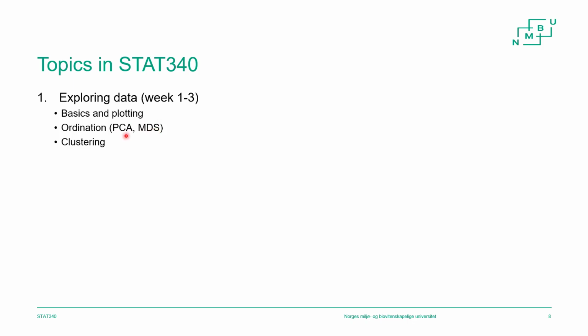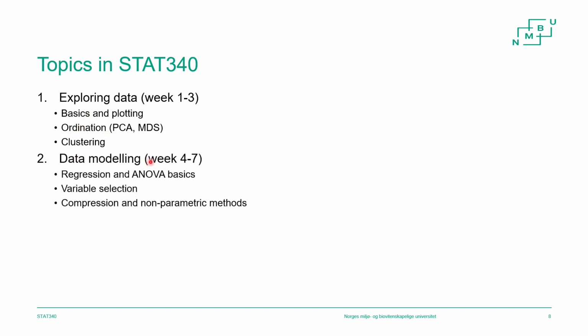It's just a small addition here. Then in week 3 we will talk about clustering methods. And all these are about exploring data. We are not doing any modeling. We are not testing any hypothesis or anything like that. It's all about trying to get an overview and some ideas about our data.